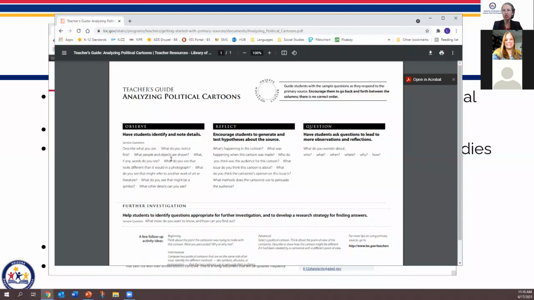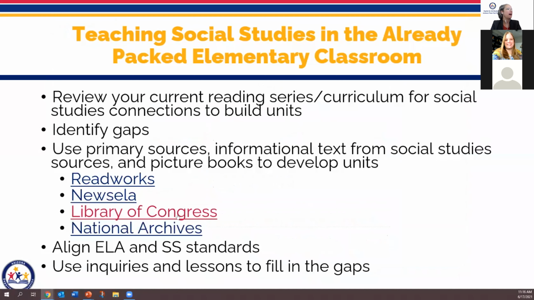So it's nice that it gives you this knowledge if you're not sure what questions to ask or how to gear this for social studies. It has this here for you to get the who, when, where, what.